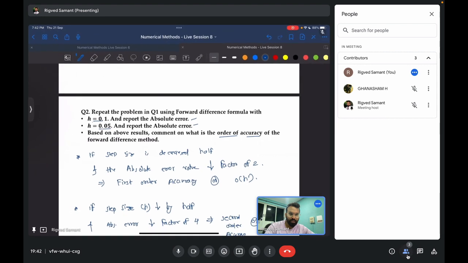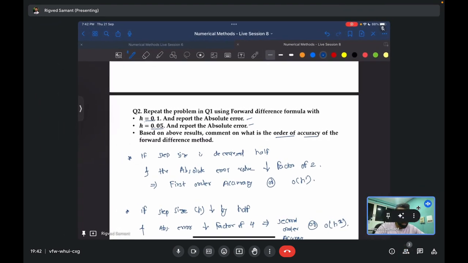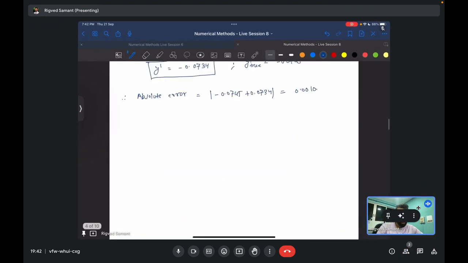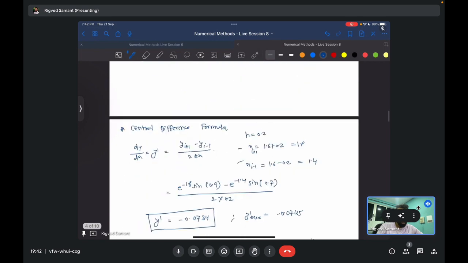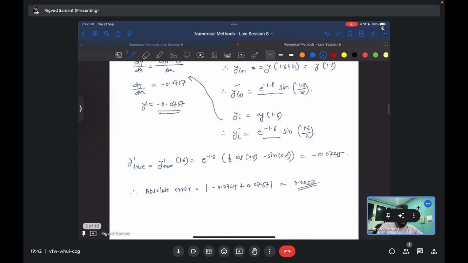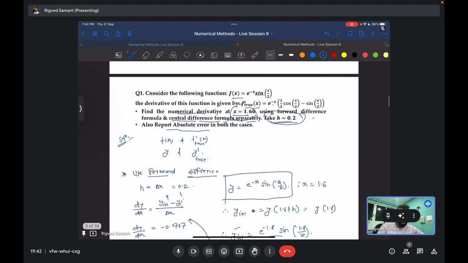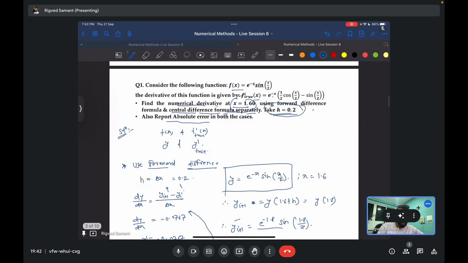So I guess Ghansham has joined back, so I'll just repeat for you what has happened till now. In the first question we were asked to solve by numerical derivation using a forward difference and then using a central difference, and take h is equal to 0.2 and x is equal to 1.6.